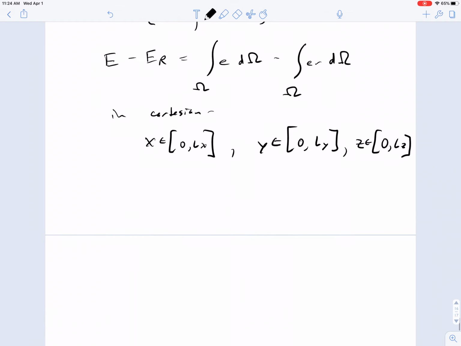So when we just make the substitutions into our equation, we want to calculate the total energy.